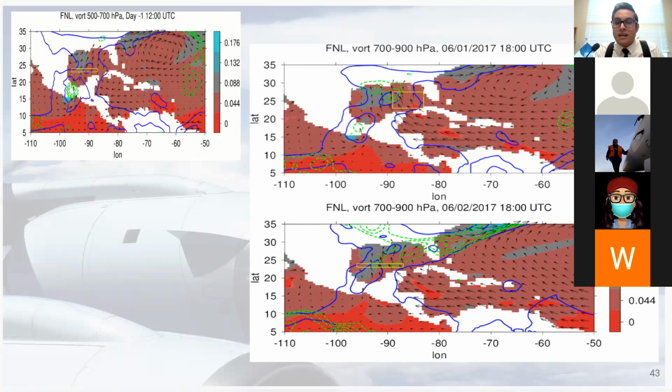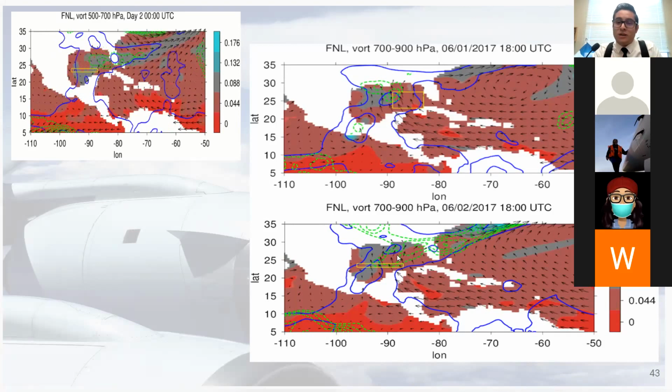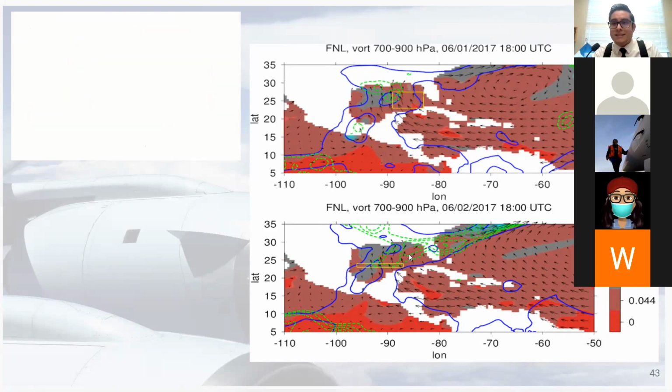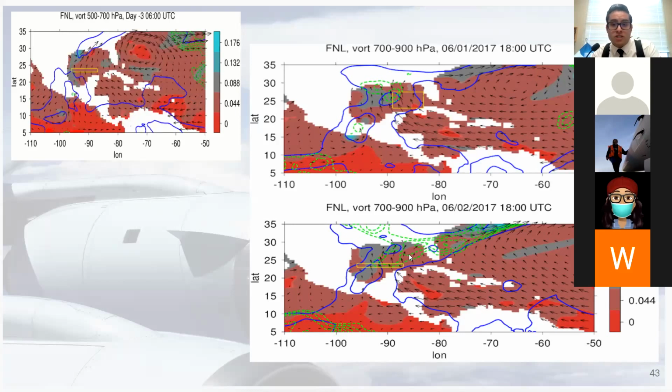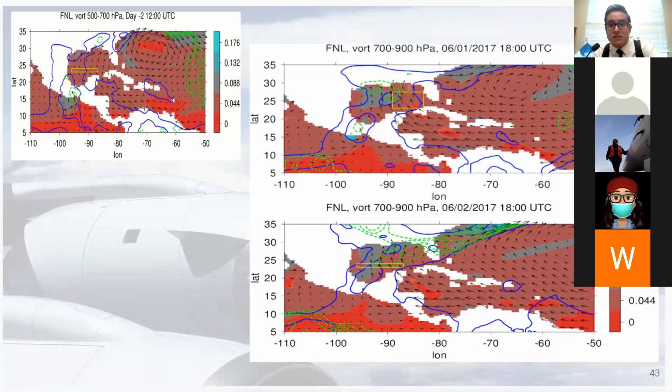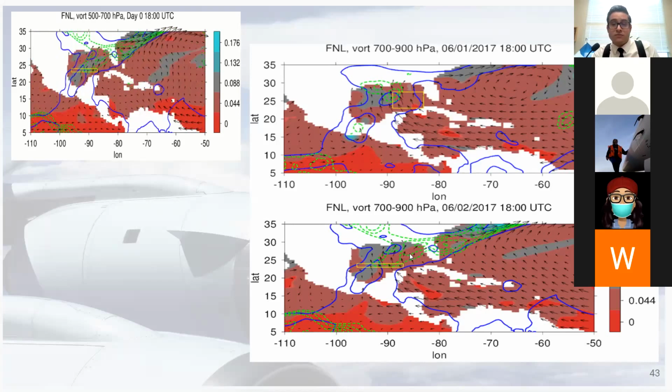So without looking at saturation fraction and instability index, there would not be a direct transport through a low-level jet in this region into mid-latitudes, because there is significant cross-flow.